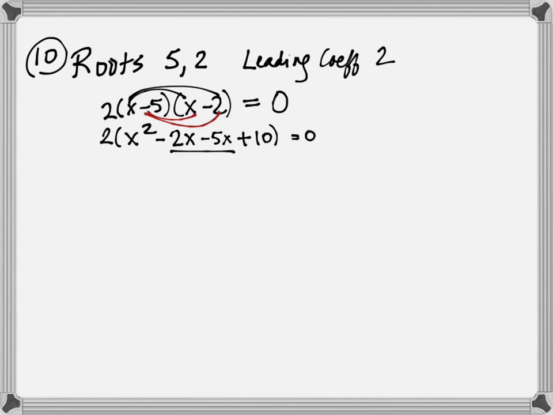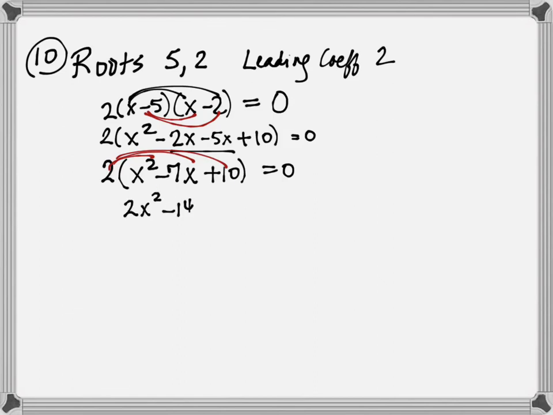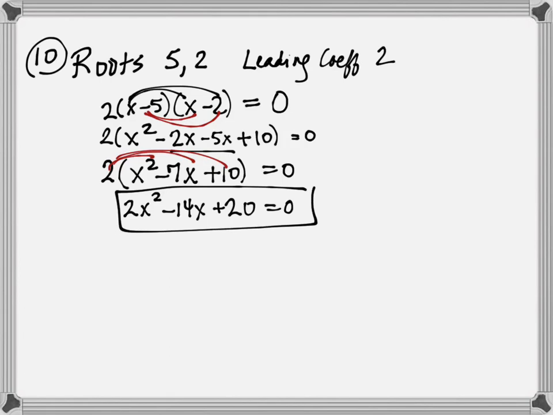Those two, of course, are like terms. So I've got a 2 at the beginning. I have x squared minus 7x plus 10. And then the final step is to distribute the 2 through. So 2x squared minus 14x plus 20 equals 0. Any questions about that one? Okay.